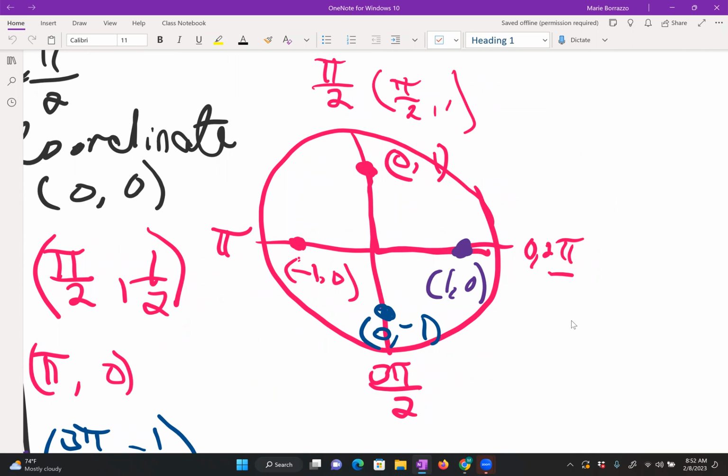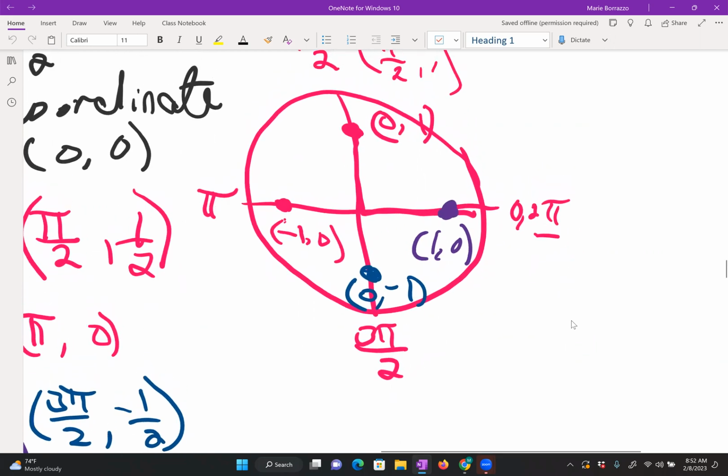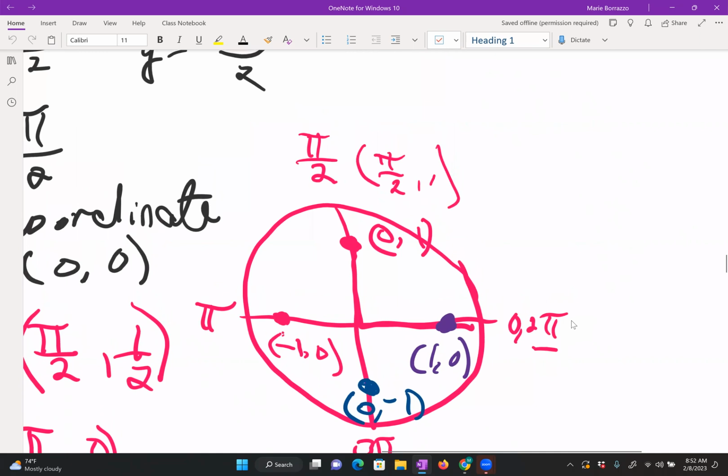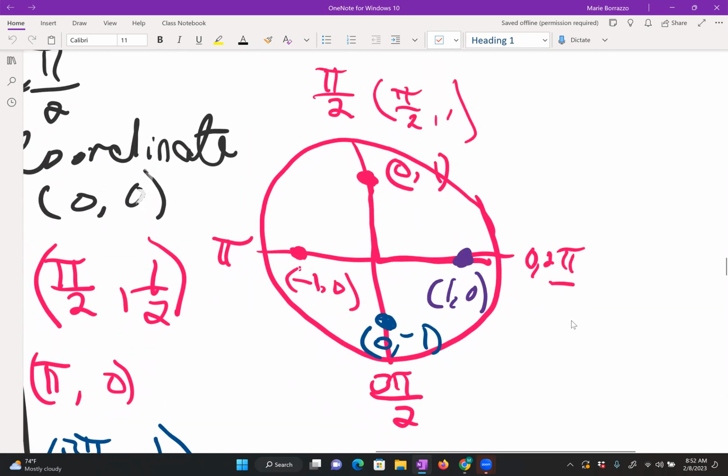We have 0 degrees, 2 pi to start with, and then we go counterclockwise to pi over 2, one more quarter to pi, one more time to 270 at 3 pi over 2, and then we end again at 2 pi. I also have written for you the 4 points that we use as a guideline for X and Y values on the unit circle.